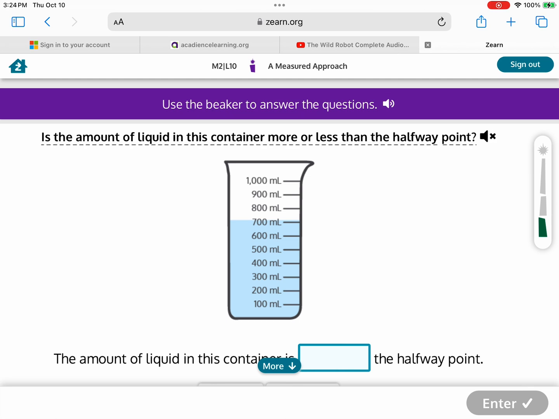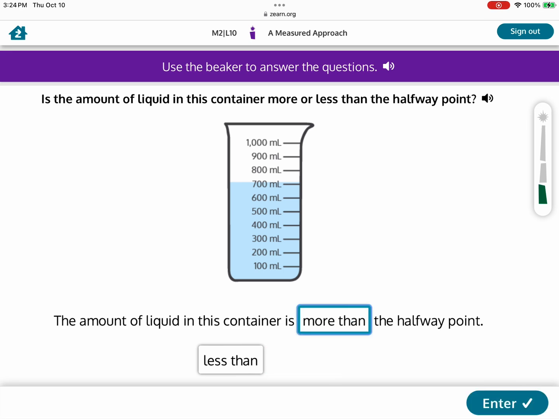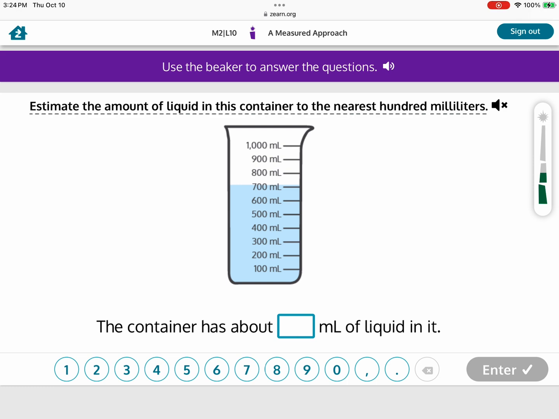Is the amount of liquid in this container more or less than the halfway point? Estimate the amount of liquid in this container to the nearest 100 milliliters.